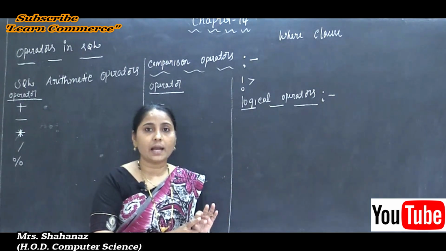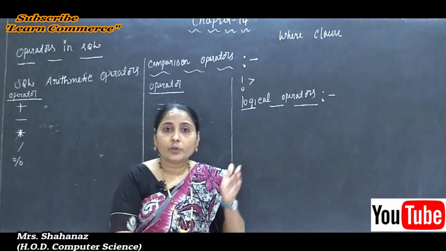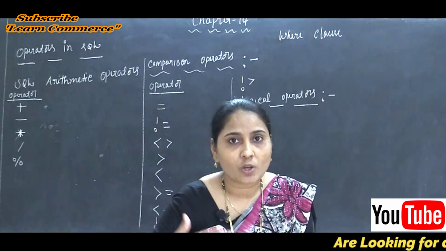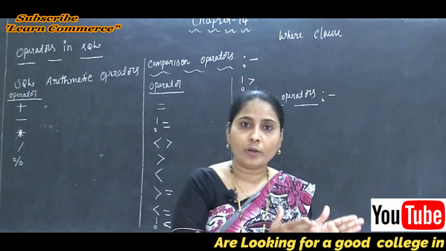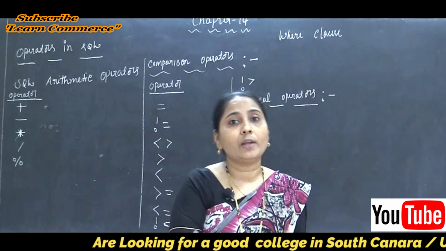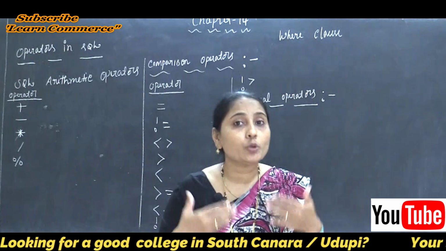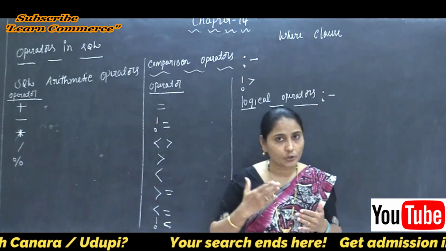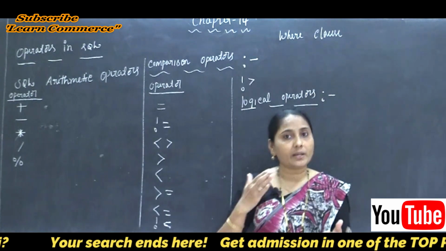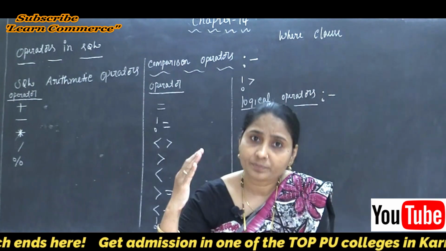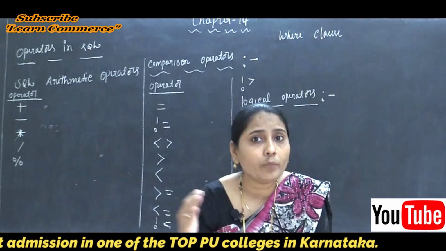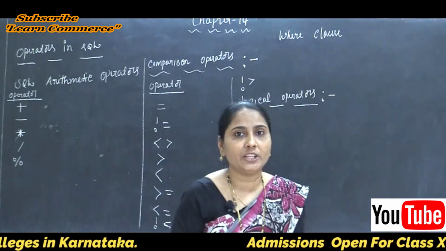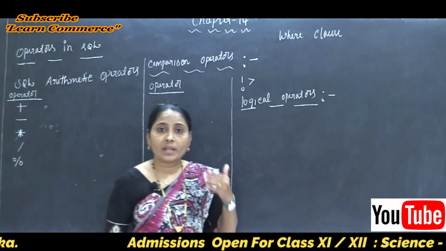So we can say that operators are used to specify the condition. For example, the condition could be A value is equal to B, or A value less than B. Just to know the condition, the operator is used. So operators are used to specify the condition or to serve as conjunctions, that means for multiple conditions.